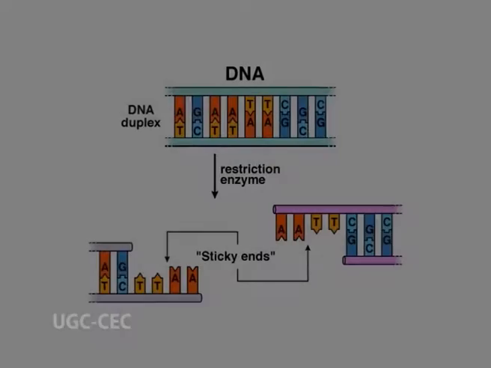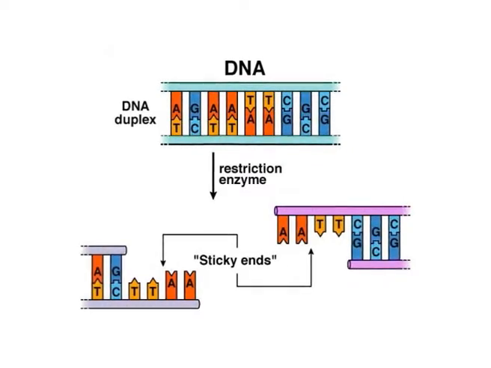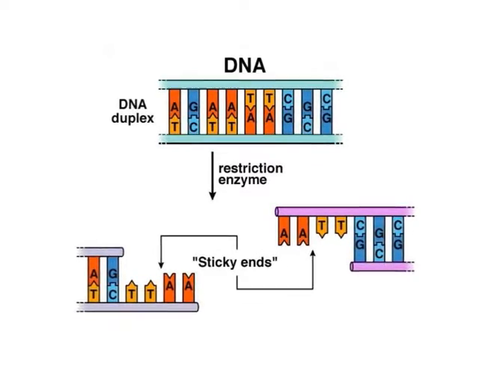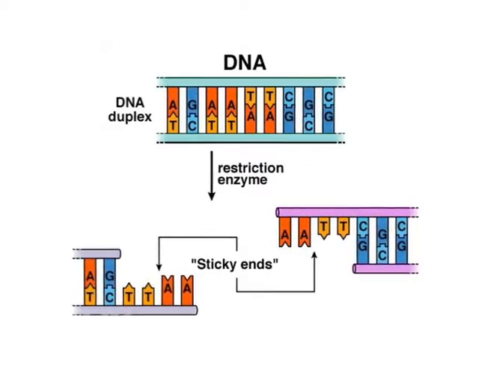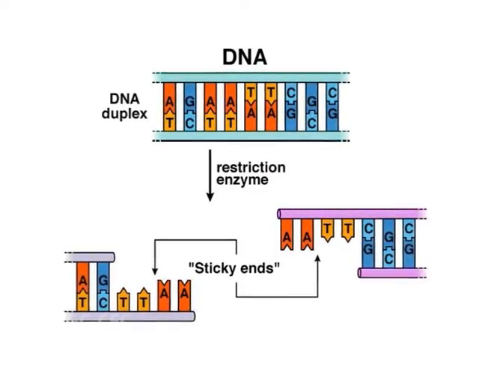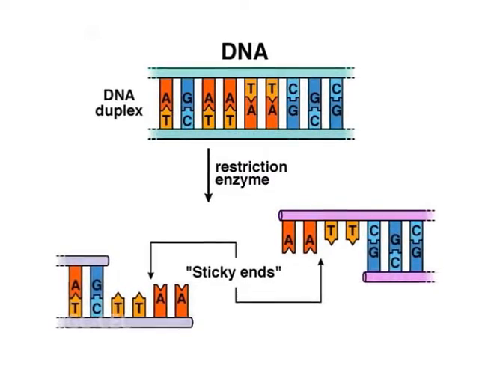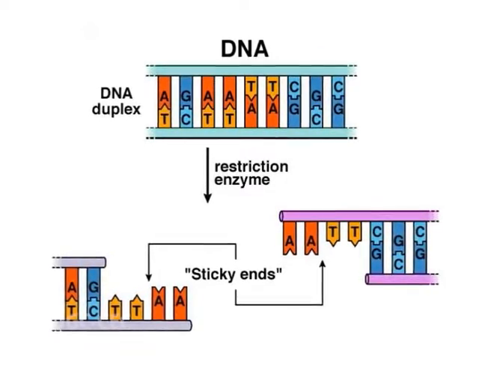rich in GC content. Some restriction enzymes digest DNA at different locations, that is a staggered cut, within the recognition sequence, producing 5' phosphate or 3' hydroxyl extensions called protruding or sticky ends.